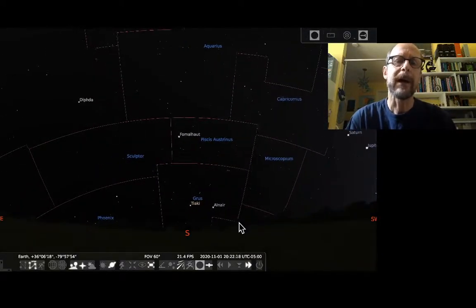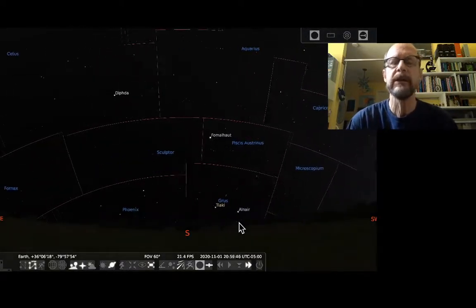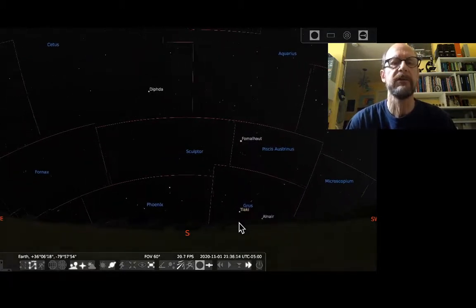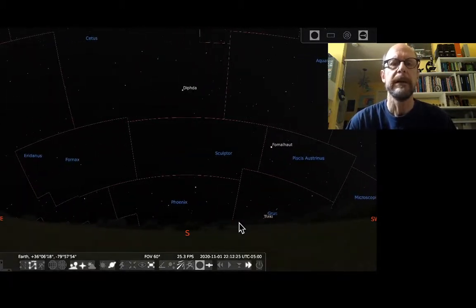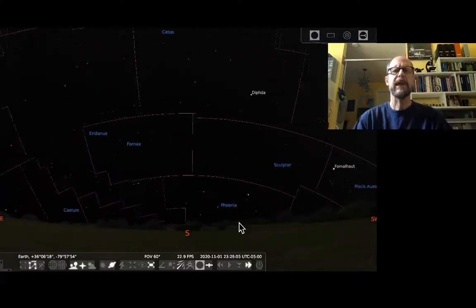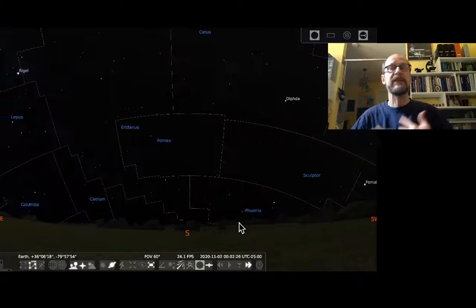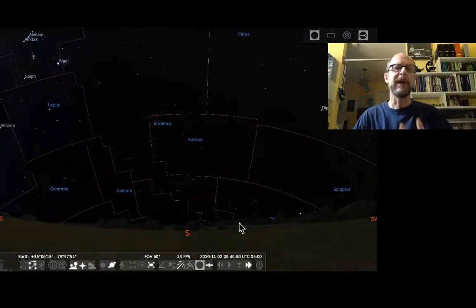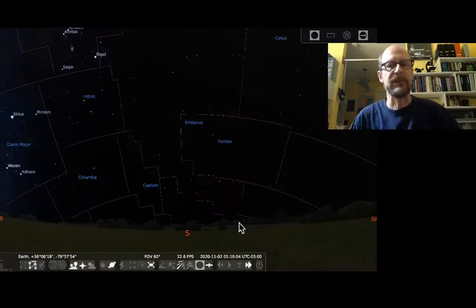And there are 88 officially defined constellations that astronomers use in modern times. And the purpose of this is just to have the entire sky, the entire celestial sphere, we say, divided up into labeled patches.